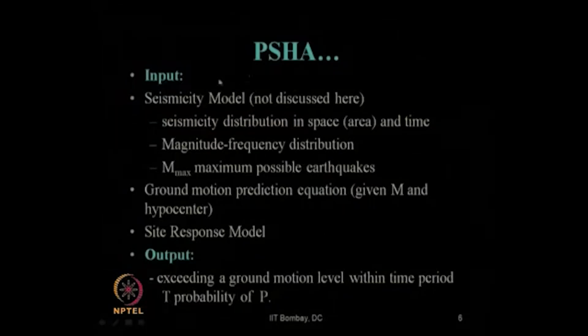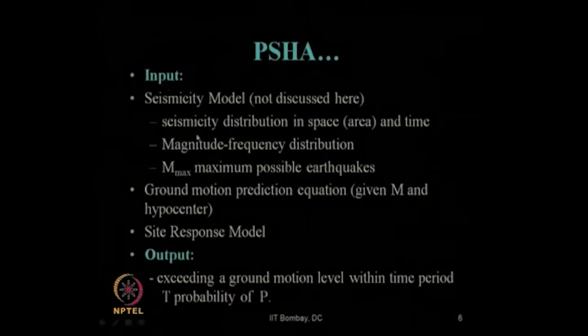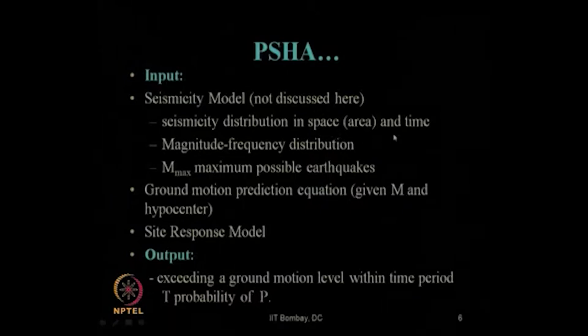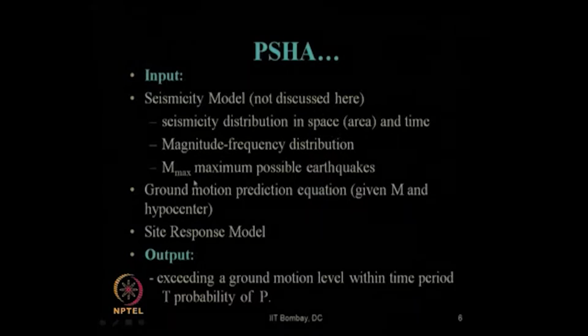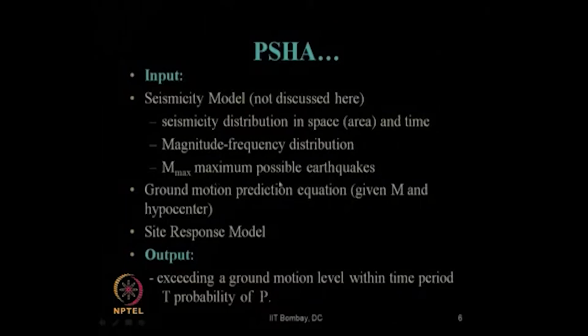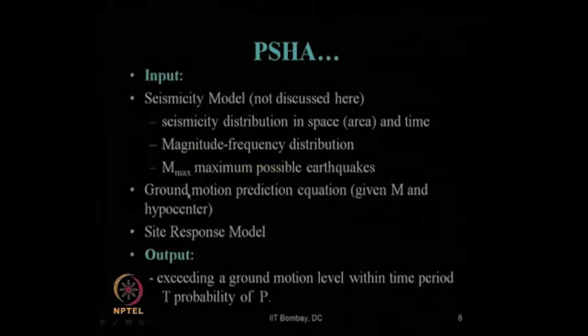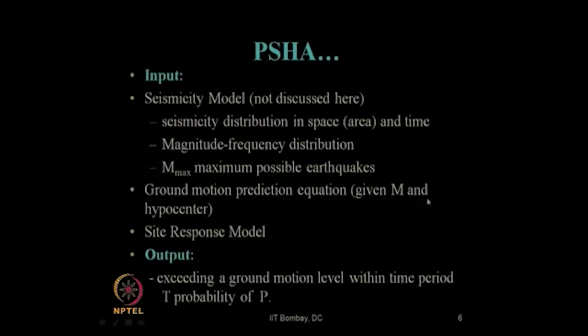For PSHA, the basic inputs which are required are the seismicity model based on the seismicity distribution in space and time, magnitude frequency distribution, and the maximum possible earthquake. Also, we have seen GMPEs, or ground motion prediction equations, which are related to the magnitude and hypocenter, which is nothing but the attenuation relationship using both these magnitude and hypocenter parameters, and the site response model. So, these are the input values.